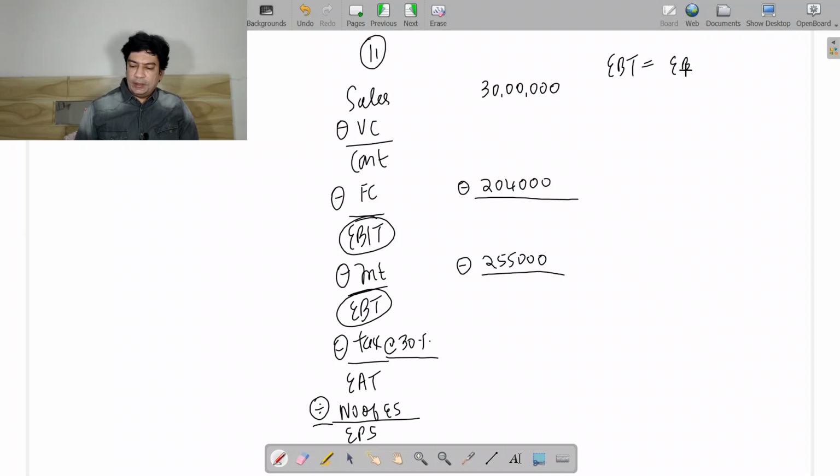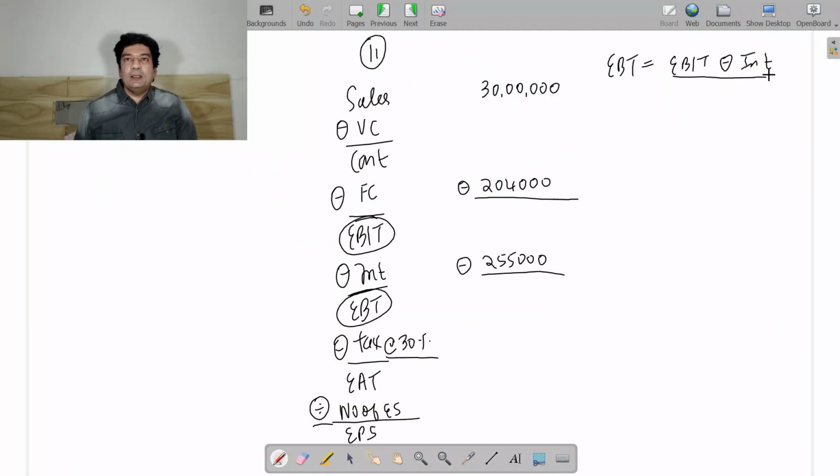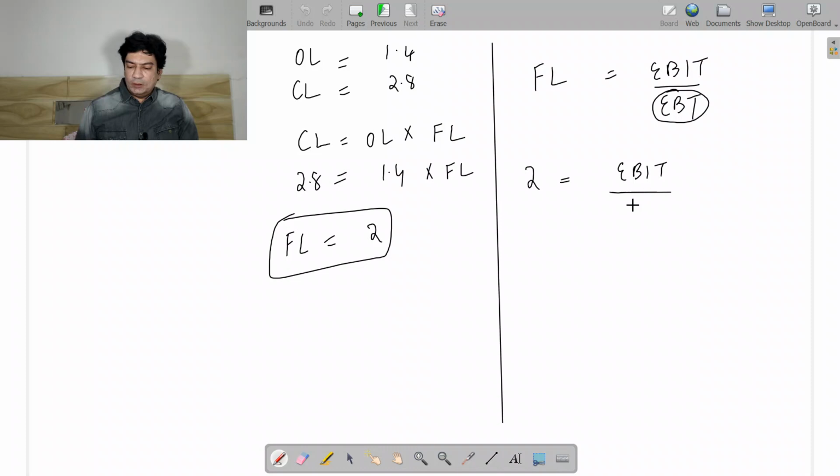So I will substitute EBT with that formula. So financial leverage we have 2, EBIT I don't know, and EBT I will write as EBIT minus interest.